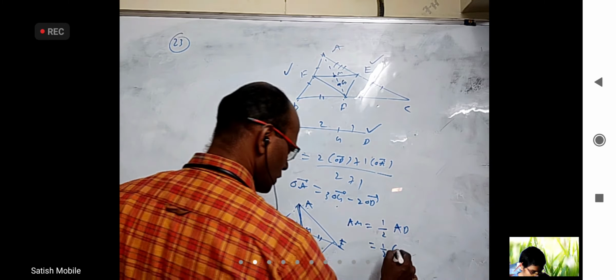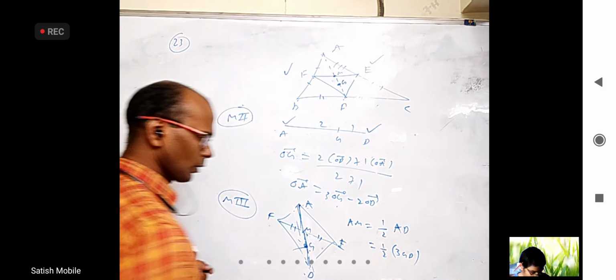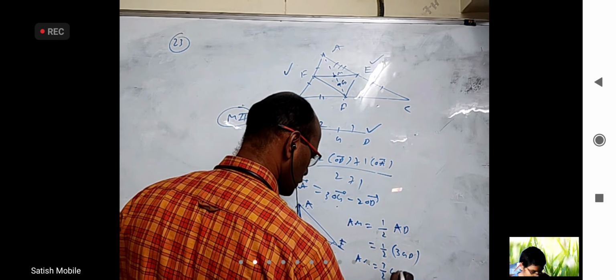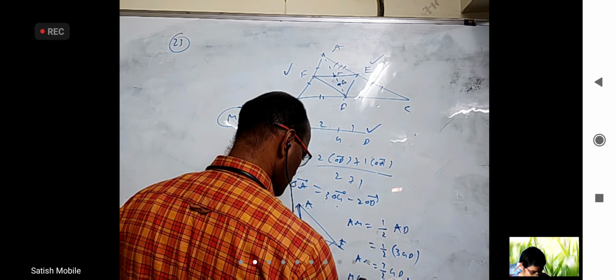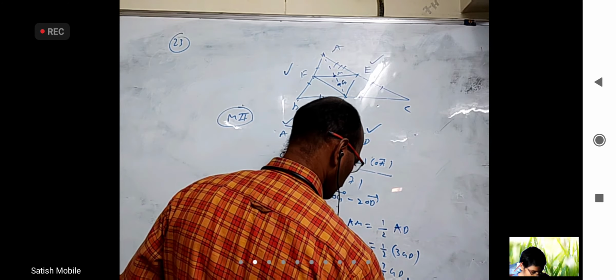AD is 3 times GD. So I got AM is equal to 3 by 2 GD, and MG will be 3 by 2 GD minus GD, which is half of GD.